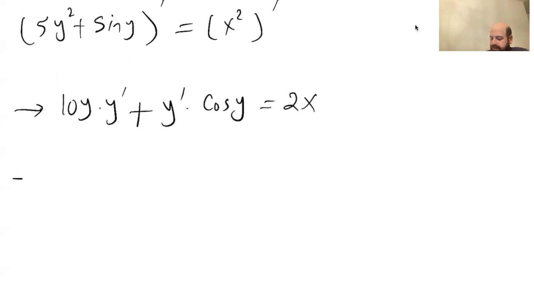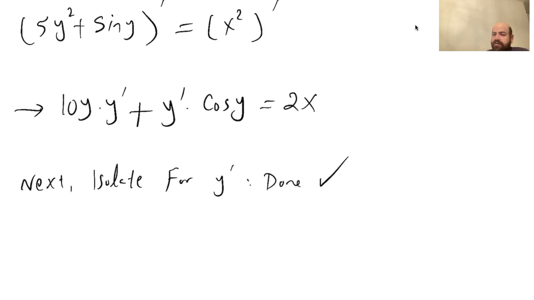So then I can take y prime out: y prime times 10y plus cos y, right? So this is basically the next step. Isolate for y prime, which is already done because all the terms containing y prime are already on one side.